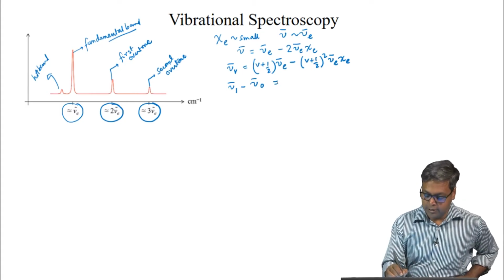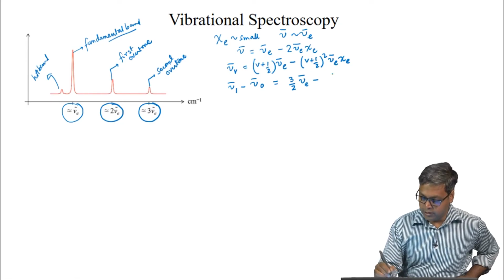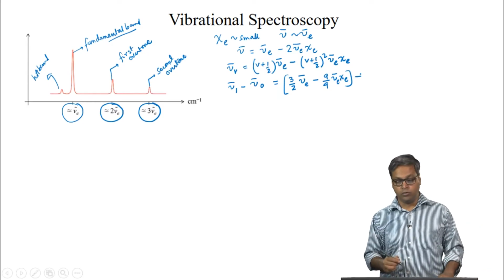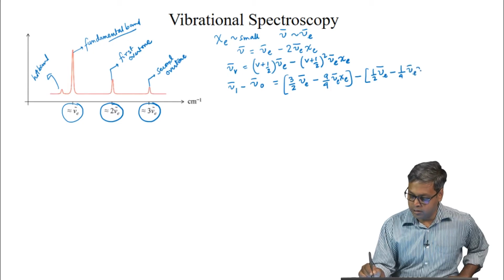We can write this as nu bar 1 becomes 3 by 2 nu bar E minus 9 by 4 nu bar E chi E, and then we subtract nu bar 0, that is half nu bar E minus 1 by 4 nu bar E chi E.